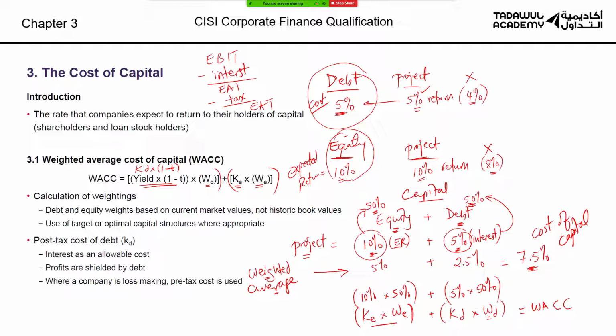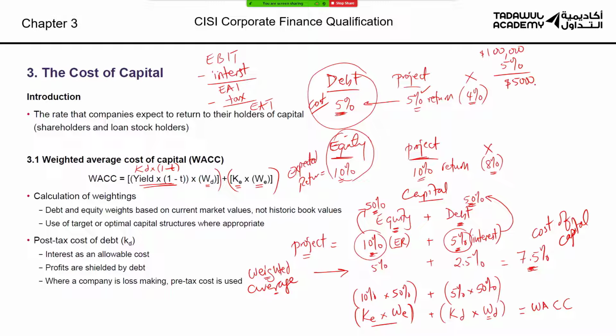So if I am paying on a loan of $100,000 and the interest on it is 5%, some would say, well, that means you are going to be paying $5,000 in interest on it. No, you are going to deduct it because there is some tax that you can save.